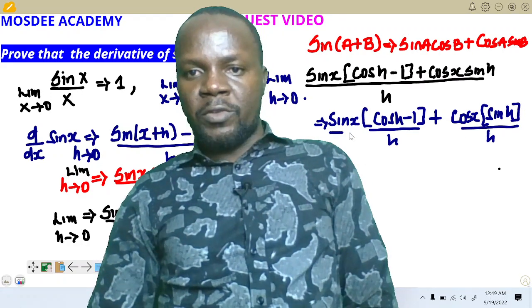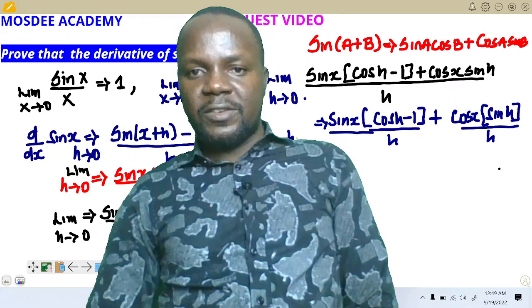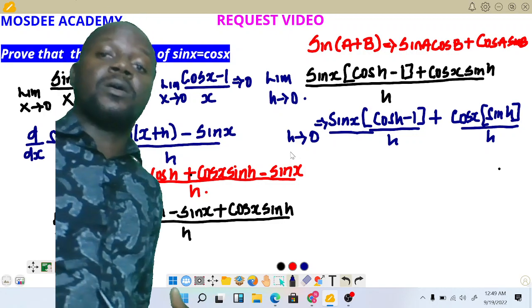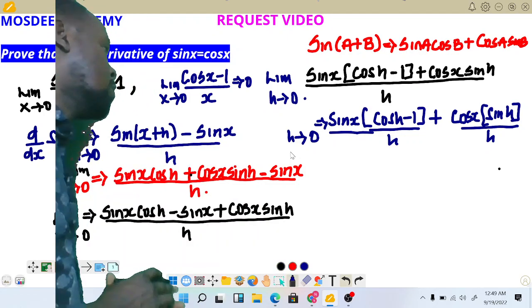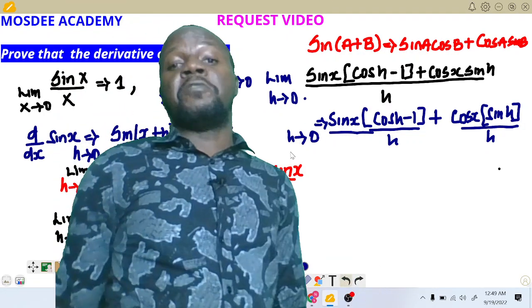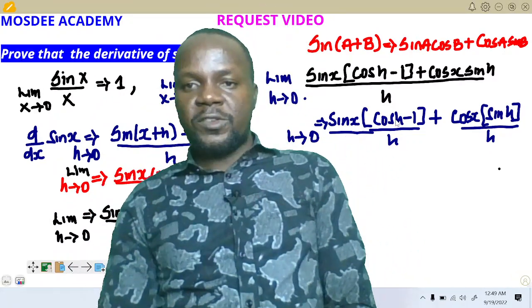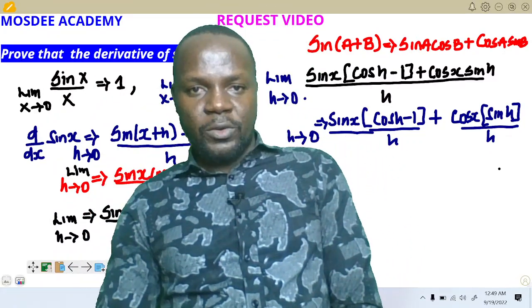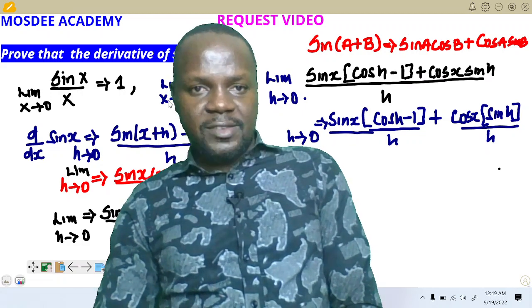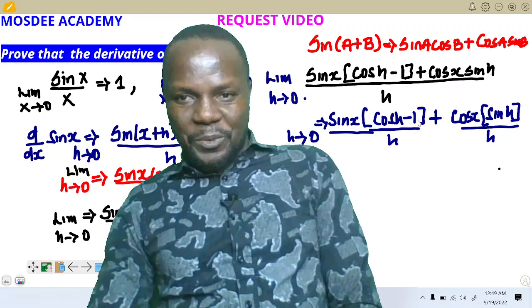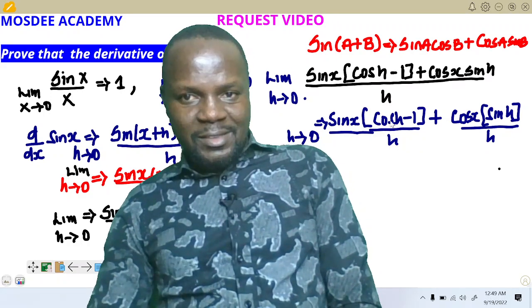You can put the limit over here as h approaches 0. So now my dear students, it's just very simple to use the evaluation method to get the answer. So let's use the evaluation method. We know that when h tends to 0, cos h minus 1 over h is equal to 0.